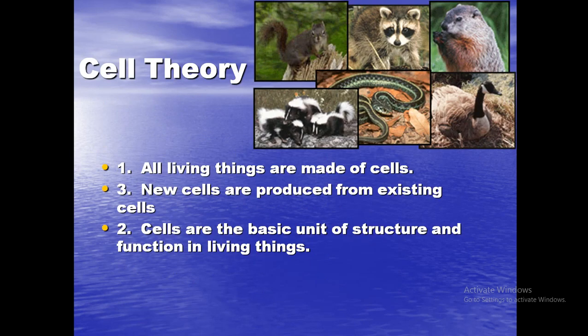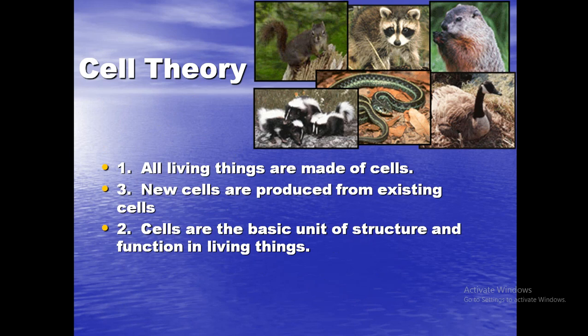it becomes the fundamental or basic, or in other words, the smallest structural as well as functional unit of any living being. So to summarize this, all living things are made up of cells. I have given you some photographs there. You can see all of them, their body is made up of cells. New cells are produced from existing cells.